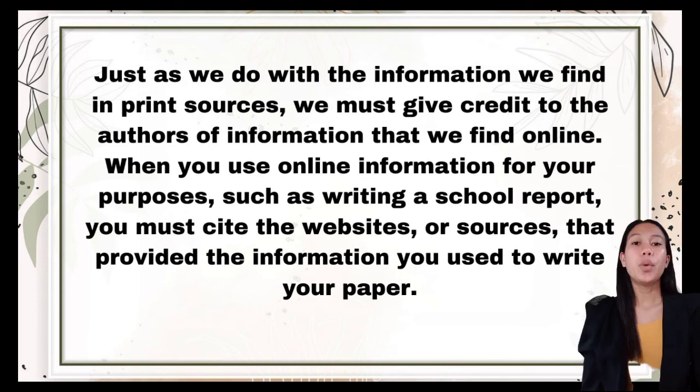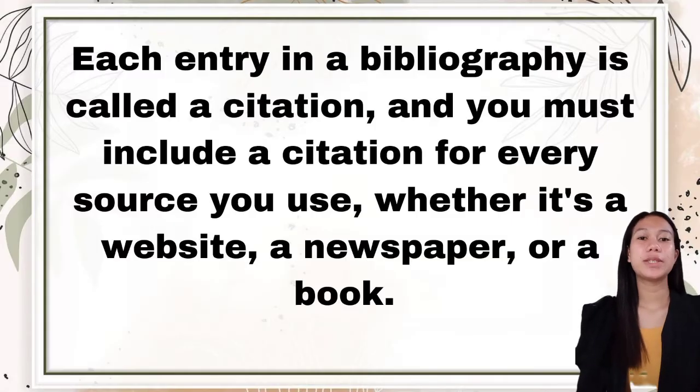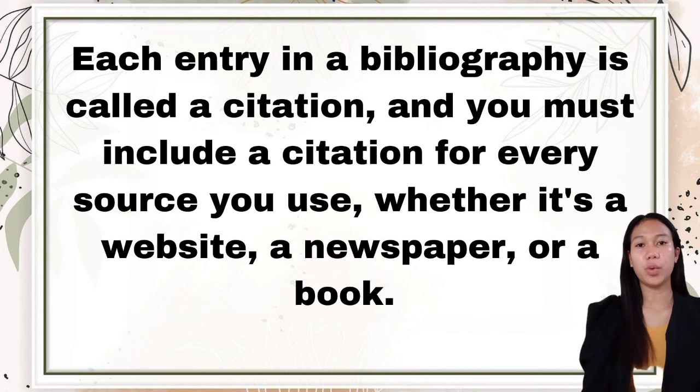When writing a research paper, the most common way to cite sources is to include, as the last page of the paper, a bibliography or a list of the sources used. So let's move on to citation. Each entry in a bibliography is called a citation, and you must include a citation for every source you use, whether it's a website, a newspaper, or a book.